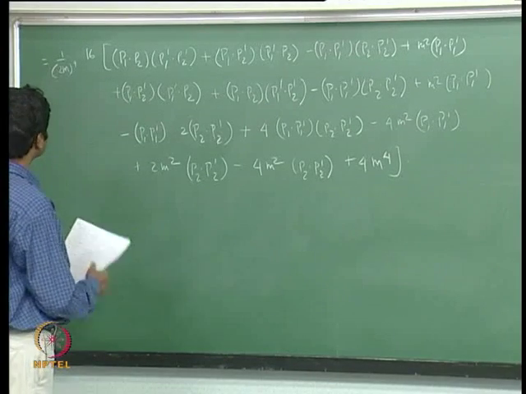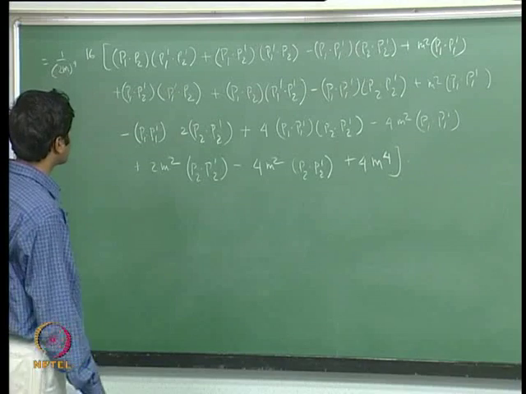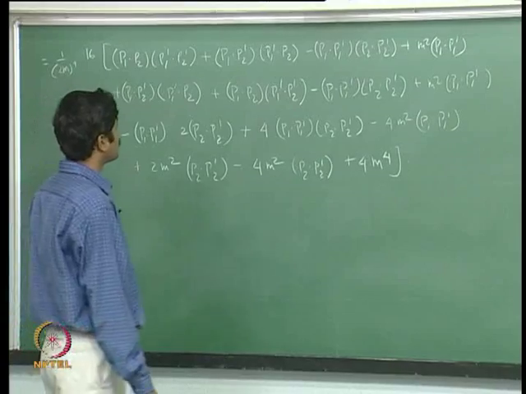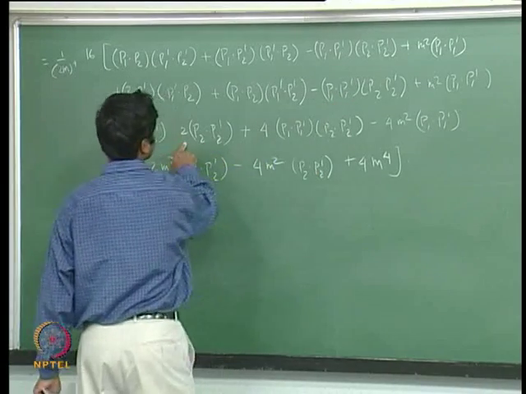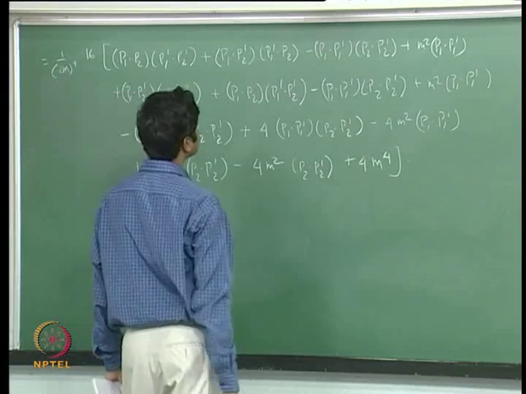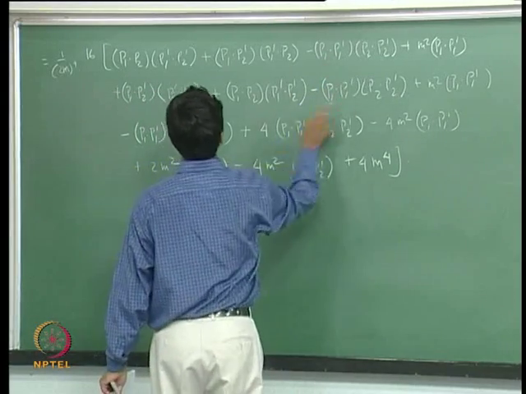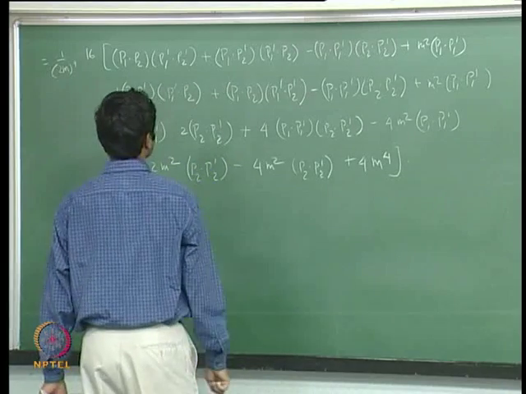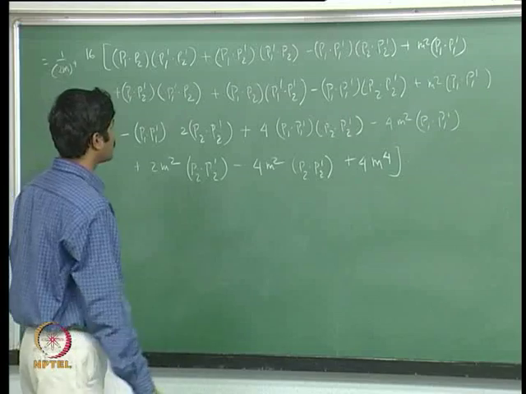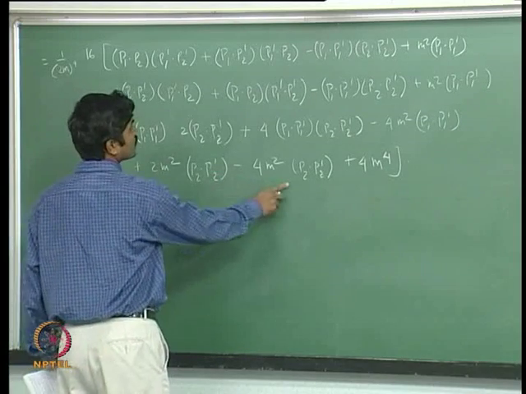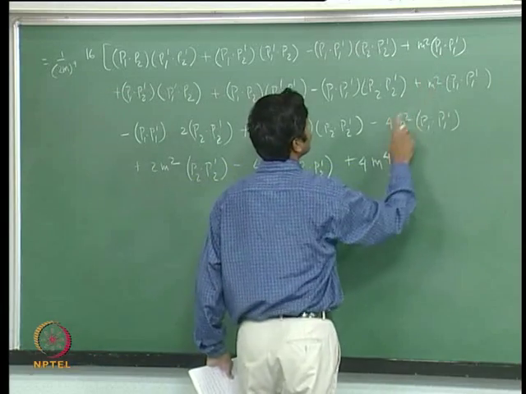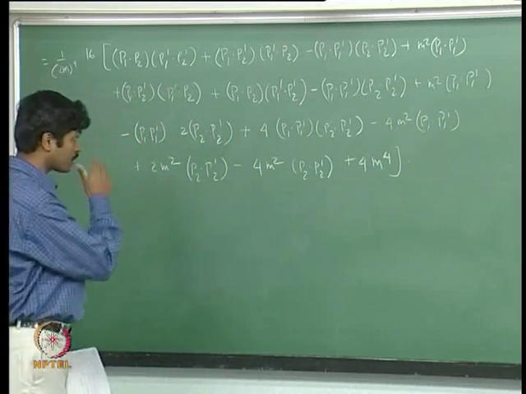For example, P1 dot P1 prime, this and this will add up, and this will add up. None of these terms cancel. 2m square, this and this will just cancel, and then these two will cancel, and then you will get a factor of 4.